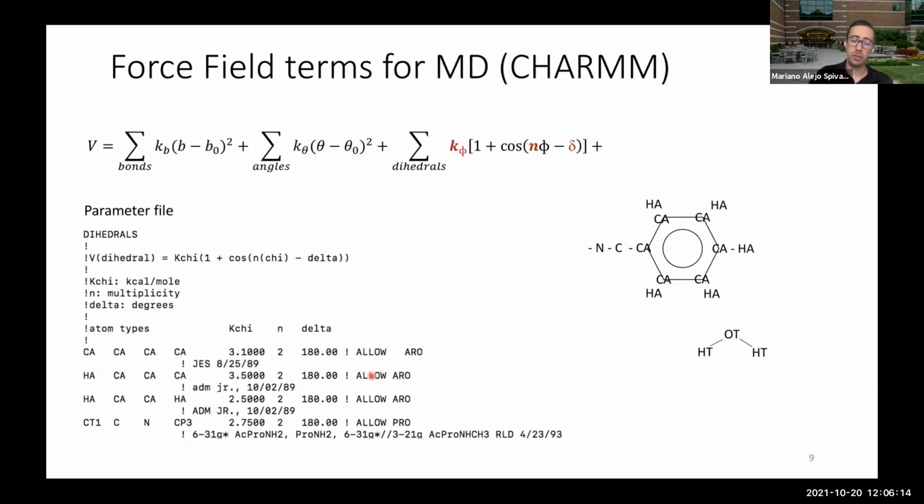For each 4 atom types that are connected forming a dihedral that is going to be incorporated in the force field, and that changes your potential function, you need one line for each. For example, here we have a line for all the aromatic carbons in the ring. Then we have another line that is 3 aromatic carbons connected in a line with the hydrogen, and then another one that is hydrogen, carbon, carbon, hydrogen. These 3 are necessary.